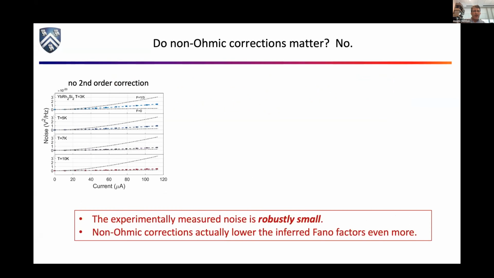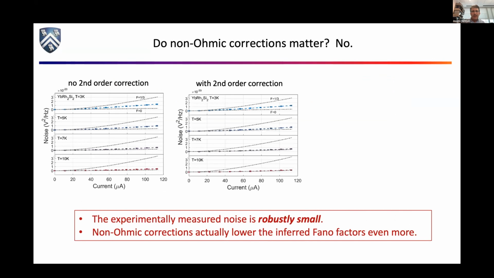And the point is the data themselves are just small. The noise is just small. The system is quiet. This analysis about non-ohmic stuff just has to do with exactly what phono factor number you pull out of the calculation. You can include that second order correction and the fit quality looks basically the same.